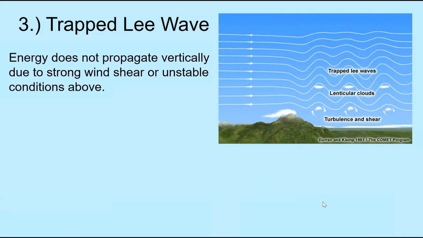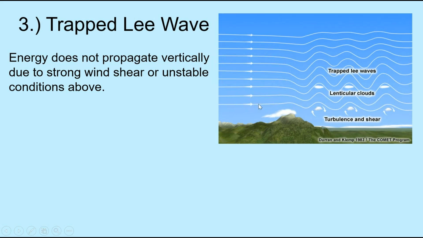Okay, lee wave. Energy doesn't propagate nearly as strong vertically like with high amplitude everywhere like we just saw, but usually the biggest factor in the formation of trapped lee wave is that the layers of air above, the wind is quite a bit higher. So if we had, say, wind at the 12,000 foot level that was 30, maybe at 15 or 18,000 feet, it's 35, and it's not that great of a difference, you're probably going to get vertically propagating wave.